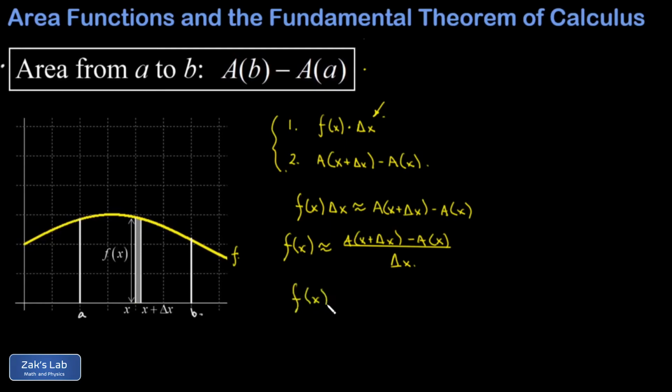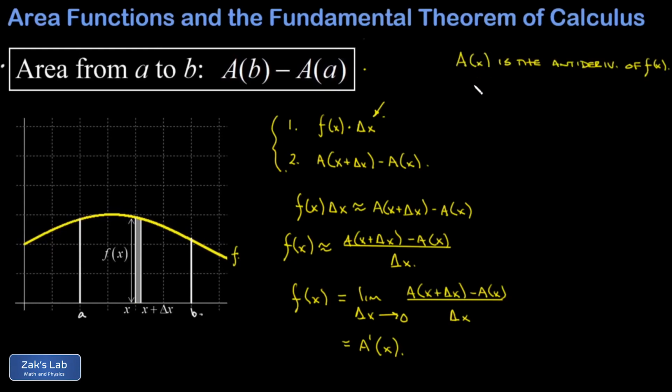And in that limit, our rectangle approximation becomes perfect, and that approximately equals sign becomes an equals sign. And I recognize the right-hand side of this thing as the x derivative of the area function. So it turns out that our original curve, little f, is the derivative of the area function. In other words, the area function is the antiderivative of little f.